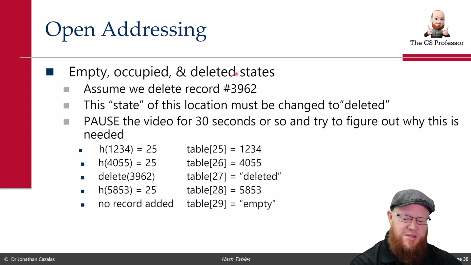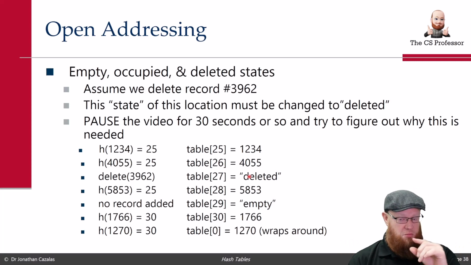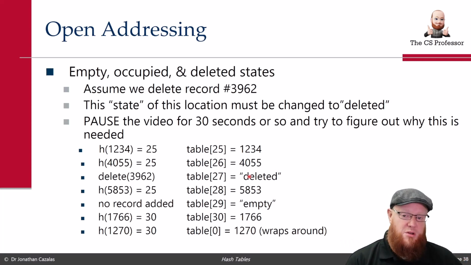So using the same example, if we're looking for 5853 and we come to index 25, because that's where it hashes, are you 5853? No. 26, are you 5853? No. 27 says, hey, I've been deleted, so maybe you need to keep searching. So we say, okay, nothing's at 27, but we now go to index 28. Are you 5853? And we find it and we're done.